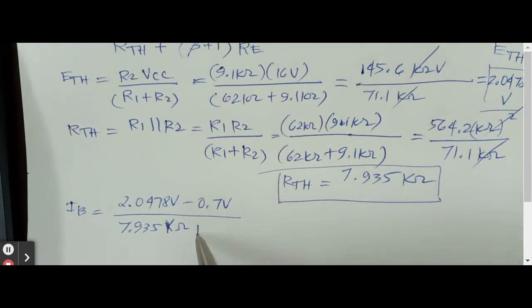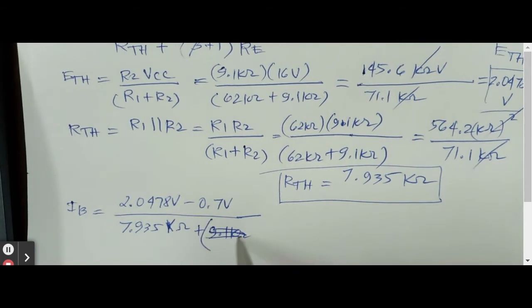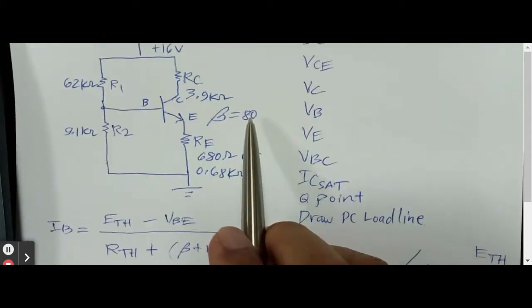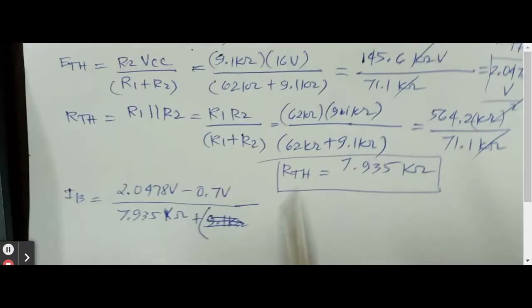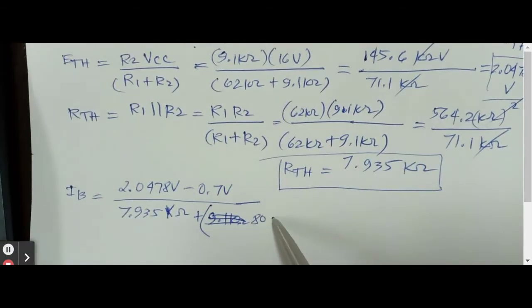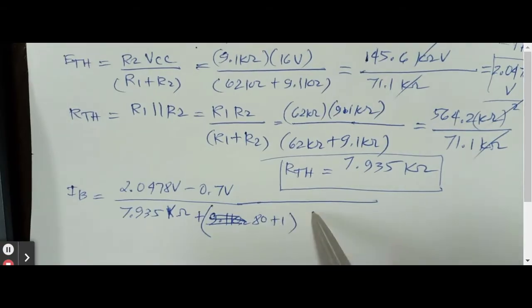And then we add, oh, so the RTH is 7.935 plus our beta, not 9.1, our beta is 80. 80 plus 1. So we'll be putting here 80 plus 1. And then we multiply it by RE, which is 0.68 kilo ohms.